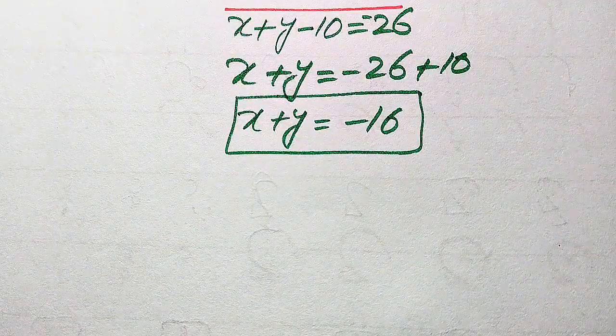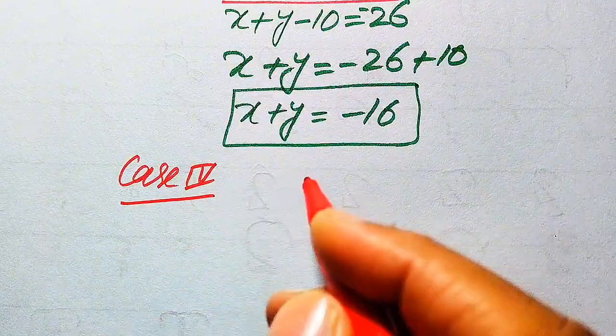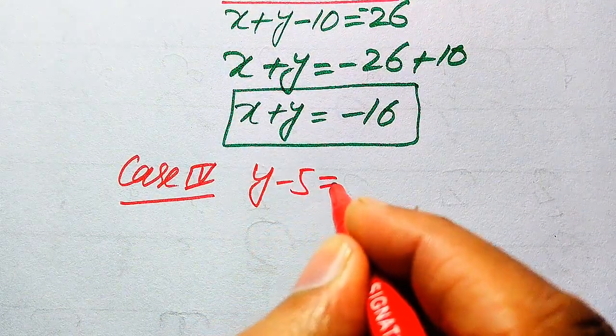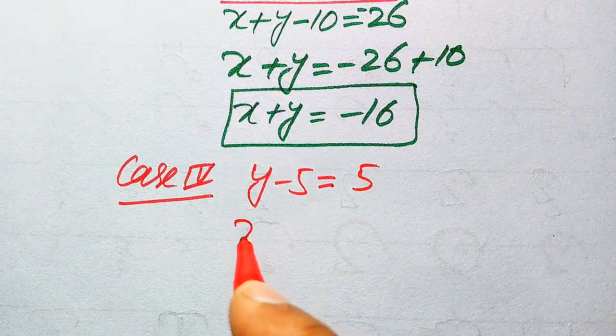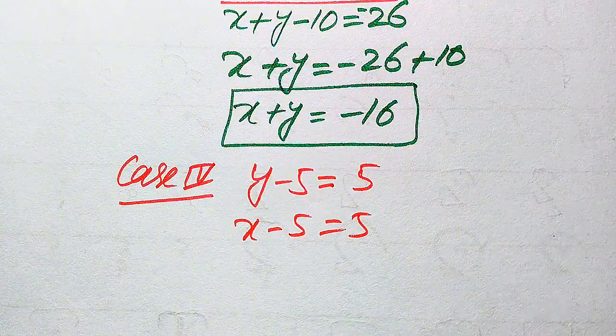And here we move towards our fourth case, and in the fourth case we compare our left hand side, that is y minus 5, with 5, and x minus 5 is also equal to 5.